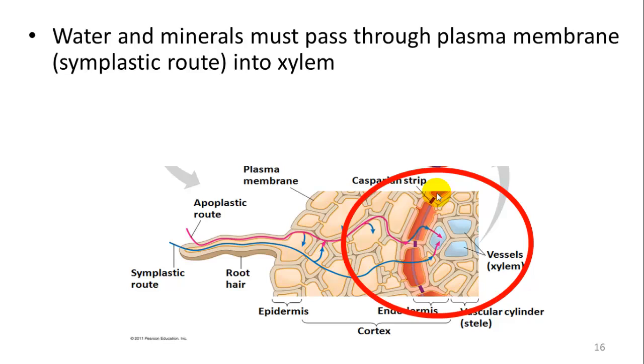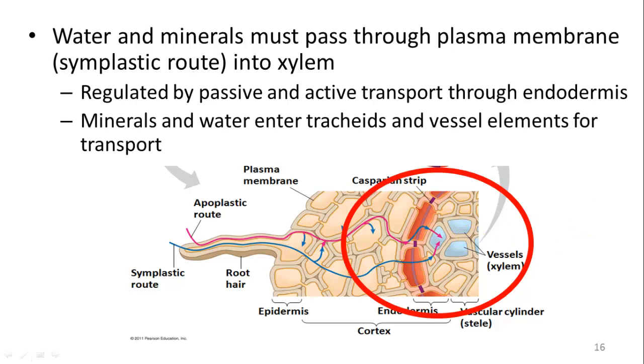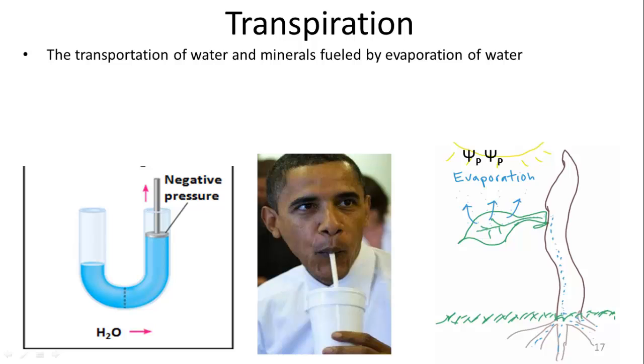It then enters the xylem, regulated by passive and active transport through the endodermis, and is now ready for transport through the plant, through the vessel elements and tracheids.